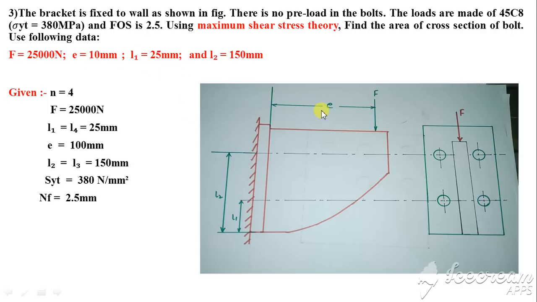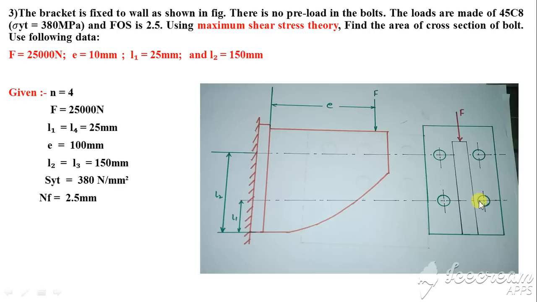E here, the eccentric distance or eccentricity, is 10 mm. L1 and L2. F is given, that is our capital W. L1 and L4: consider now this 1, 2, 3 and 4.